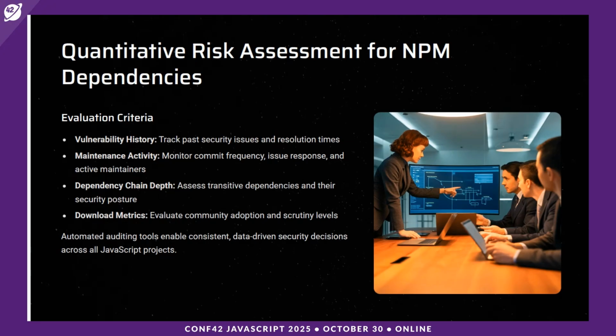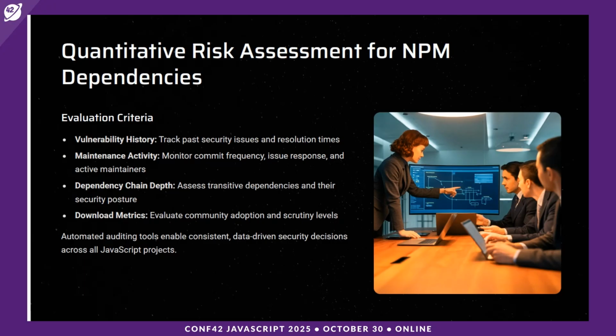Maintenance activity: monitor commit frequency, issue response, and active maintenance. It frequently monitors what code is committed, who committed it, and when. What are the impacts of that commit, and whether it can be removed or not.